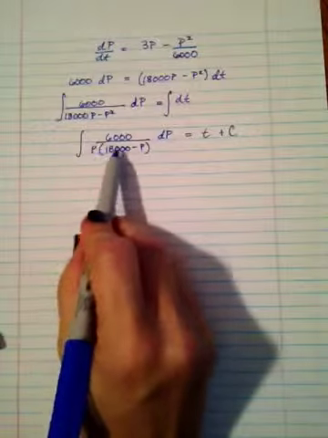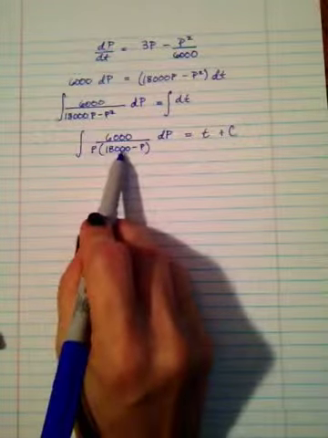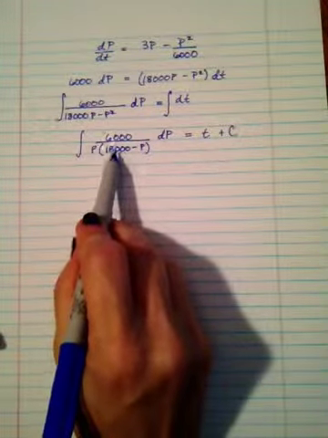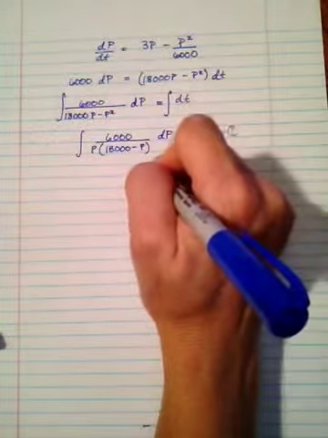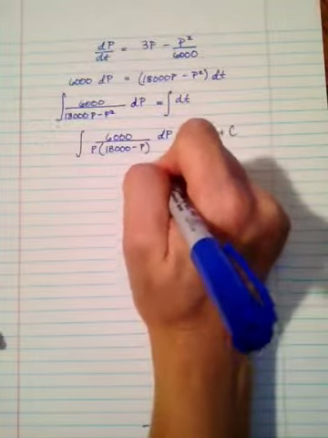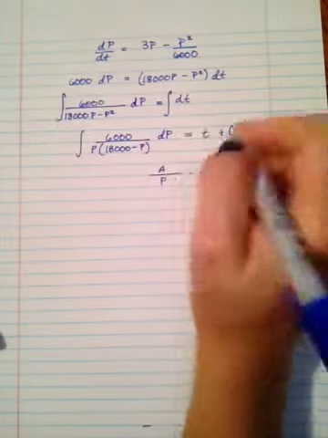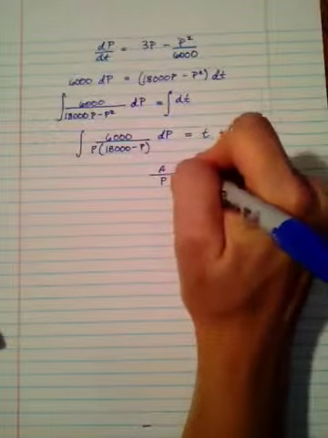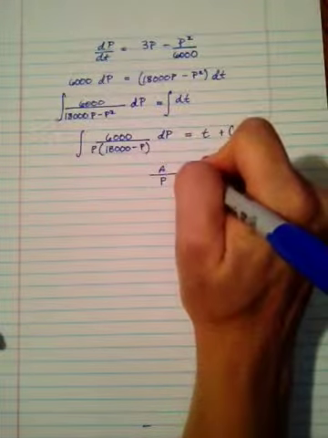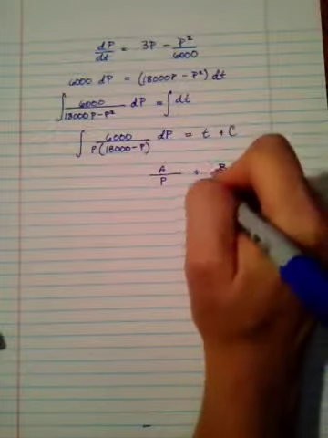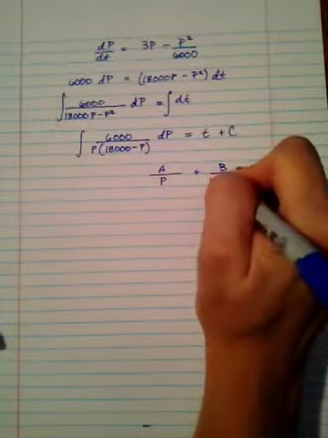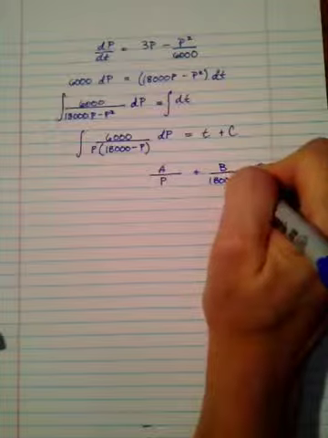So I have two factors in the denominator. So what I'm going to do is actually do this with the Heaviside method with partial fractions. I'm going to say that I have some a value over p for my first one, plus some b value over 18,000 minus p.